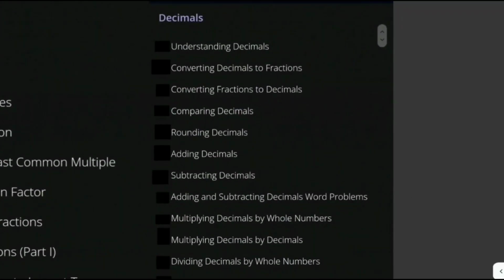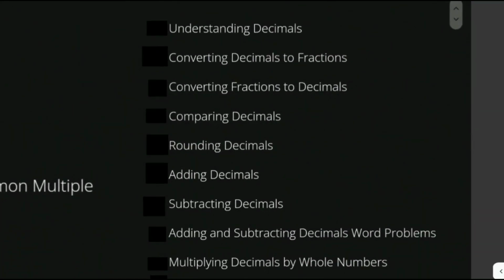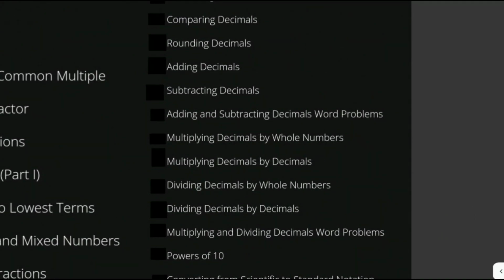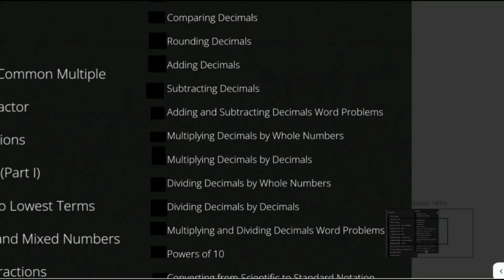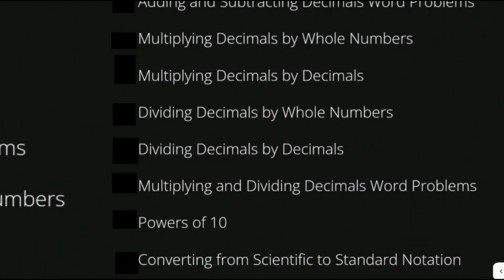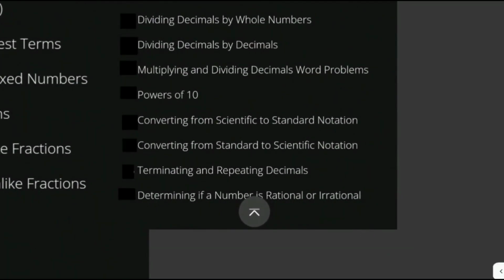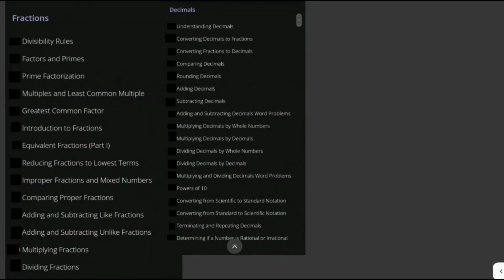And for decimals, these are the topics that you need to review: converting decimals to fractions, fractions to decimals, comparing decimals, rounding, adding, subtracting, and word problems, multiplying decimals by whole numbers, multiplying decimals by decimals, dividing, and powers of 10, converting from scientific notation to standard notation and vice versa, terminating and repeating decimals, and determining if a number is rational or irrational.